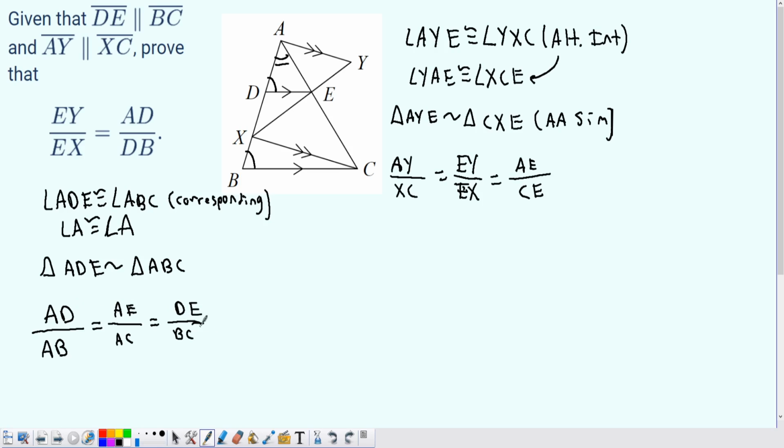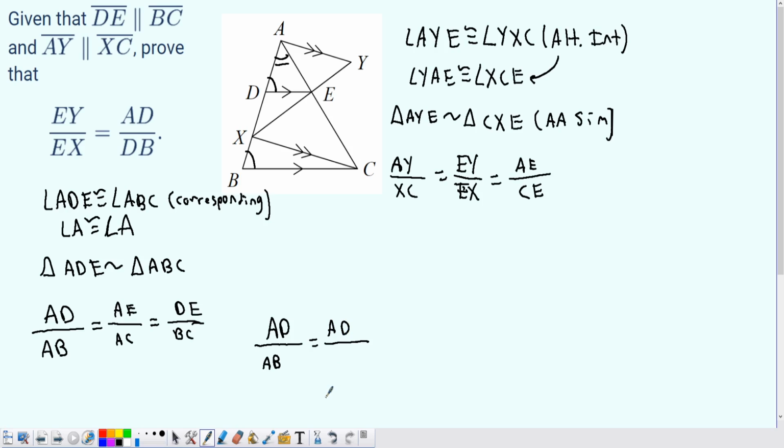So let's look specifically at our ratio AD over AB. Well, what is that? Well, what is AB, for instance? AB can be split apart in the following way.